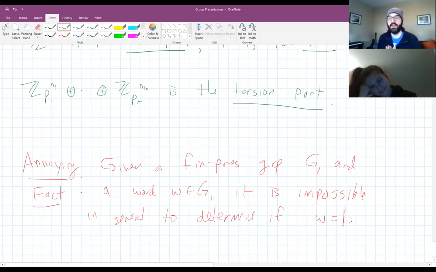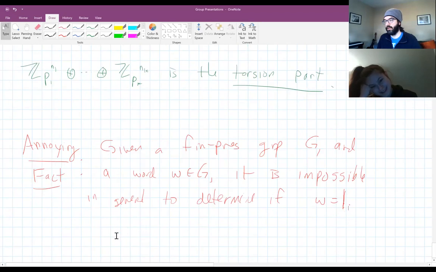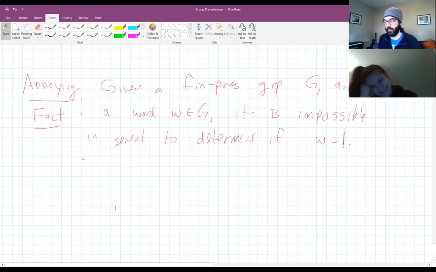This has been proven impossible to calculate. If you want to read about it, this is called the word problem.